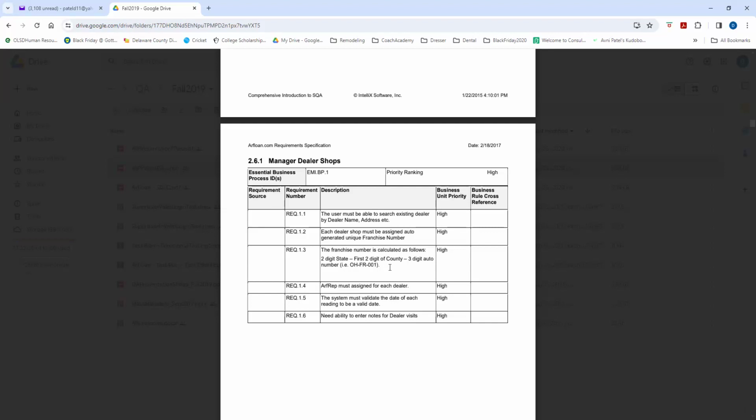It says it comes from a 2-digit state, 2-digit county, and 3-digit auto-increment number. So what it tells me is that when somebody is creating a dealer shop, make sure they provide where they're located, from a state and county point of view, so that we can actually create a franchise number from it.